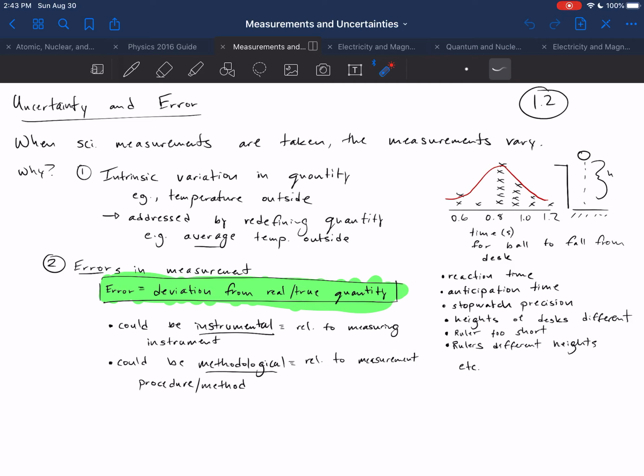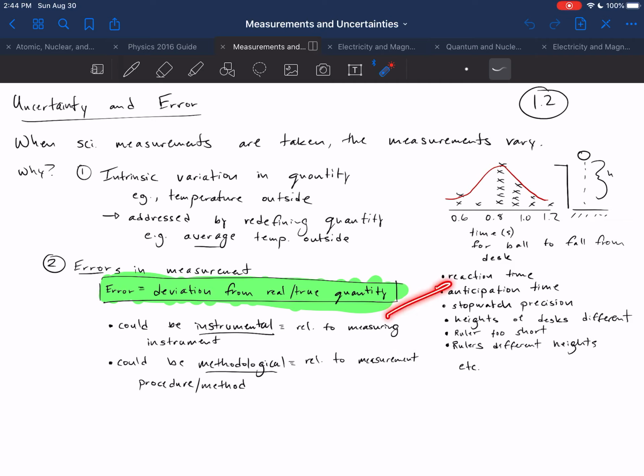Why else might these times have varied so much? Well, as many of you are familiar with, reaction time is a totally reasonable answer to that question. It does take us a little while to sort of register that something has hit. That time, about 200 milliseconds, or in this case, 0.2 seconds, would sort of introduce error into our measurement.